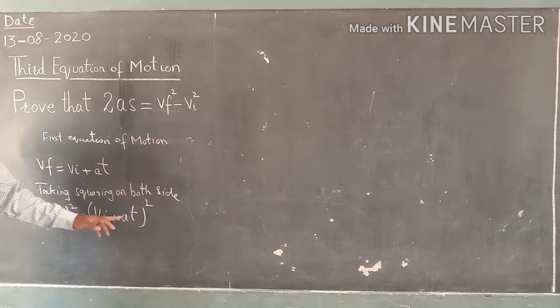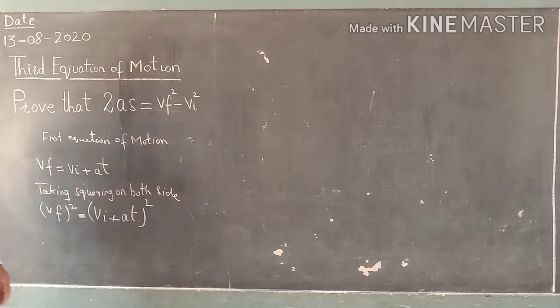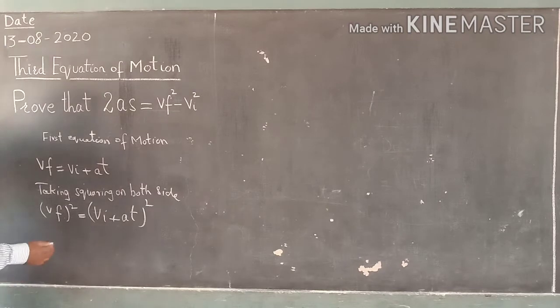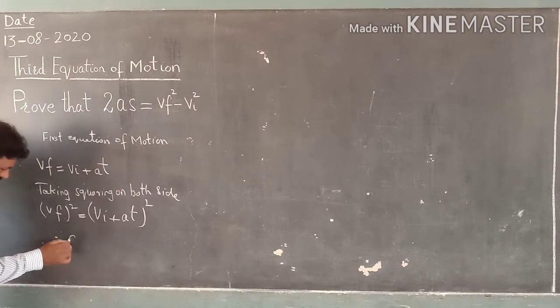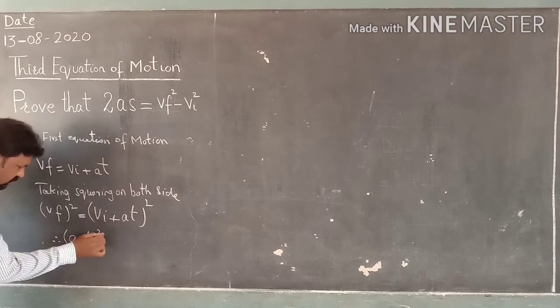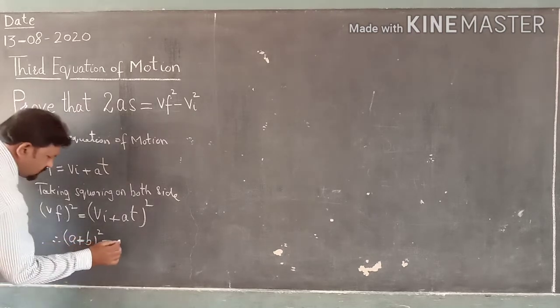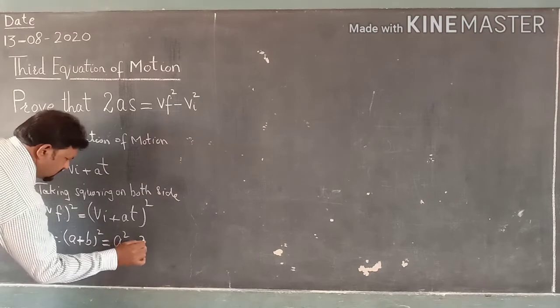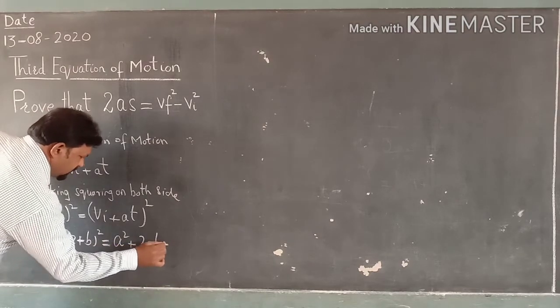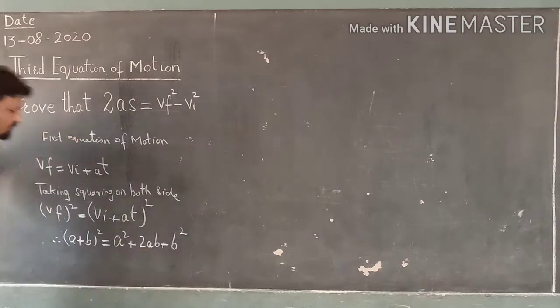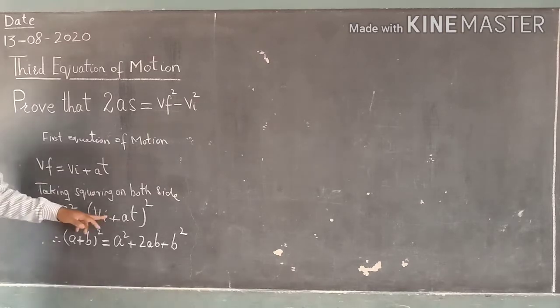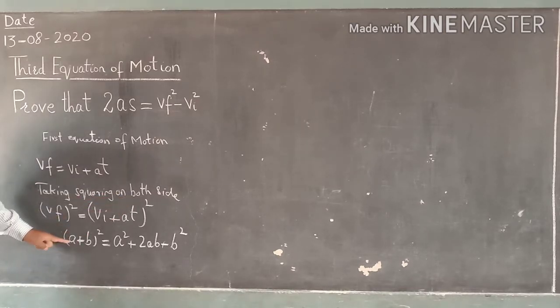So (Vi plus At) whole square, we will open it with the help of the formula. So the formula is (A plus B) whole square is equal to A square plus 2AB plus B square. This square we will open with the help of this formula.